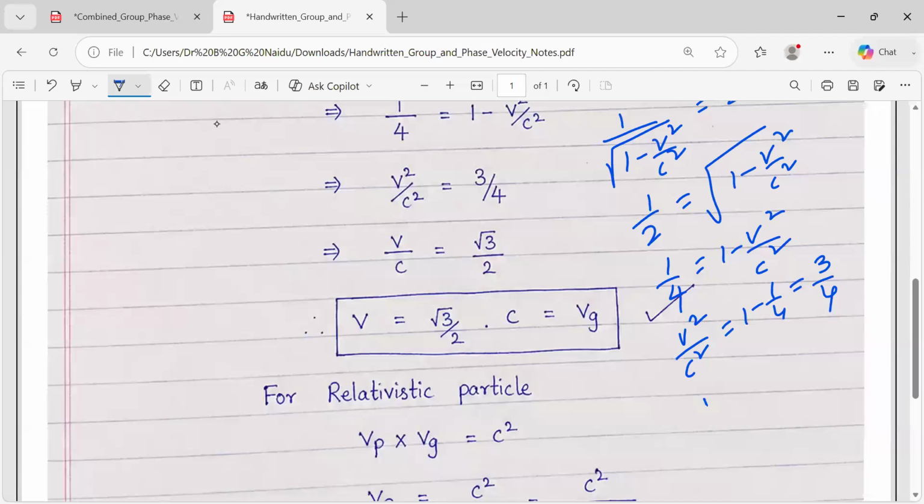So v² equals 3 by 4 of c², and v equals root 3 by 2 times c.